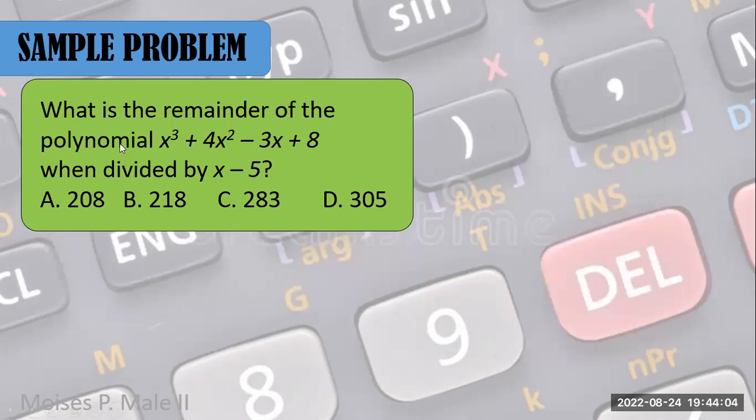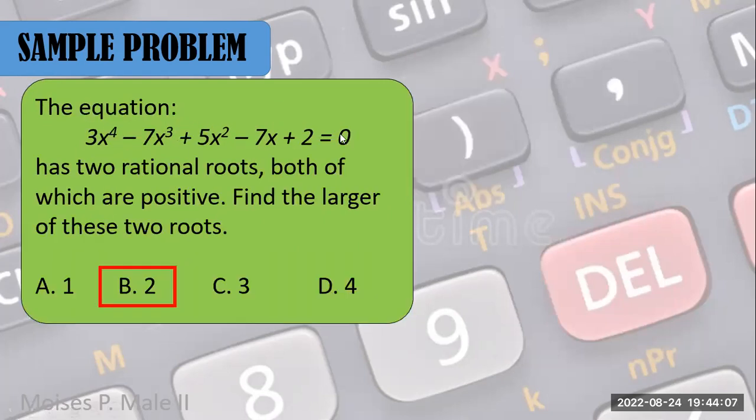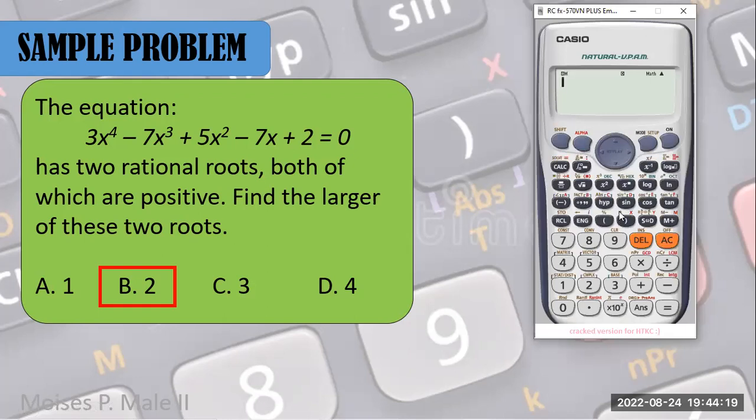Next, by the way, this can also be solved using calc and shift solve. So let's try shift solve. Alpha x to the 4, minus 7 alpha x cubed, plus 5x squared minus 7x plus 2 equals 0.